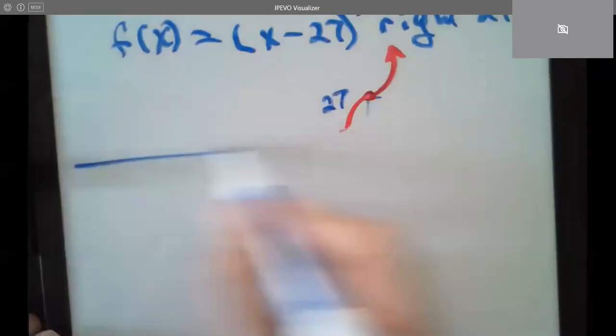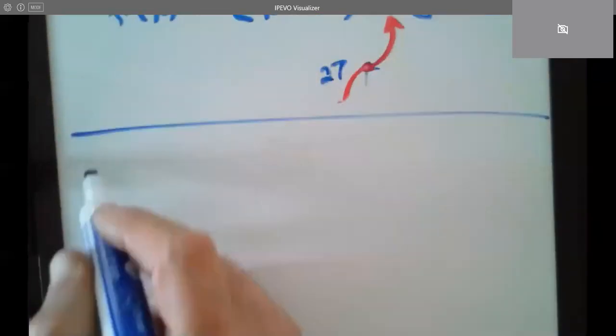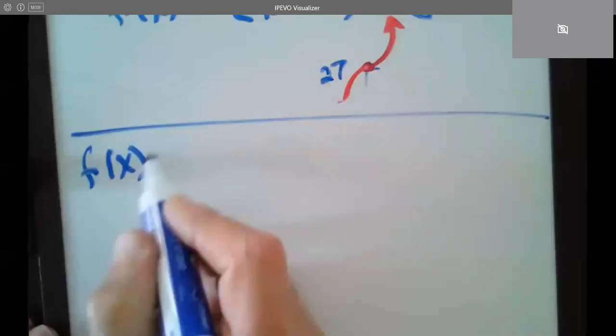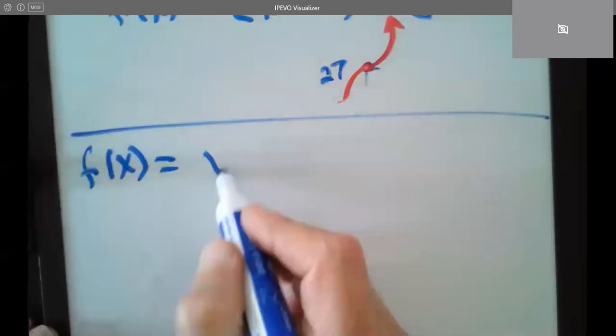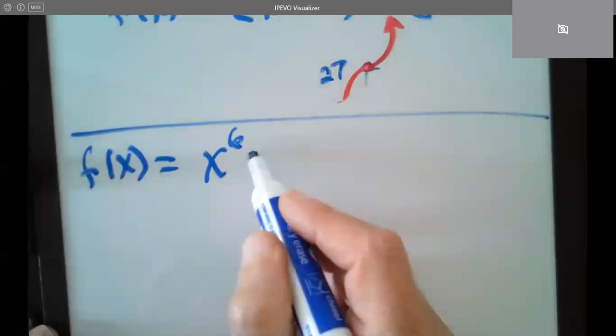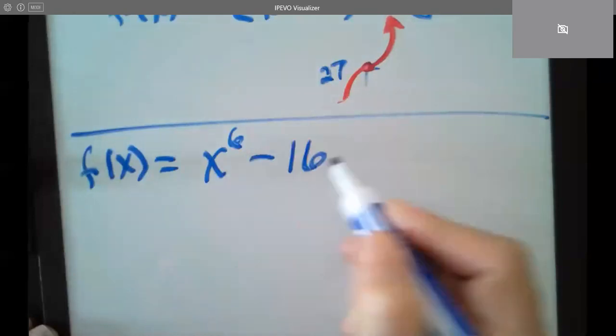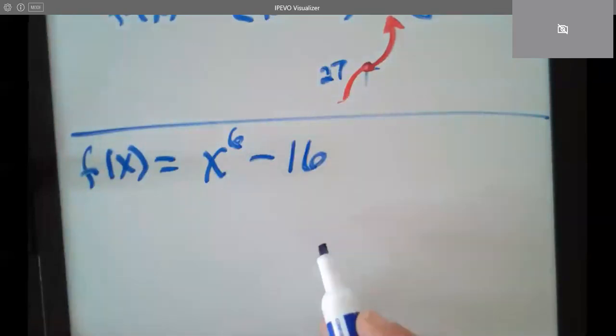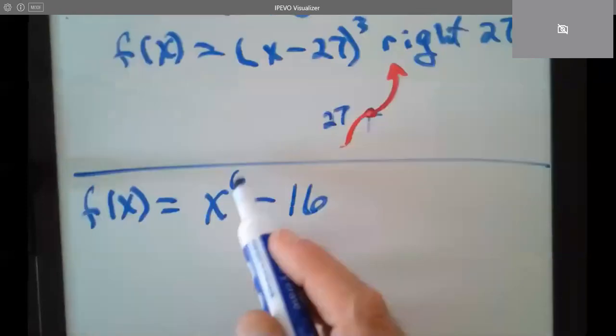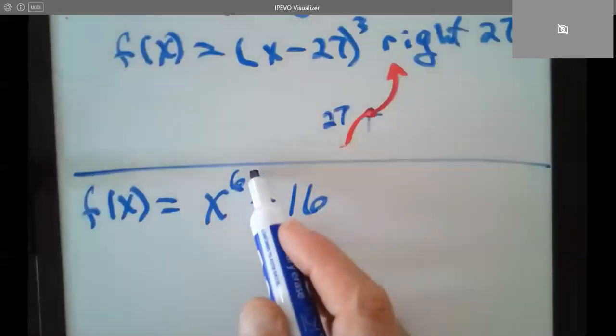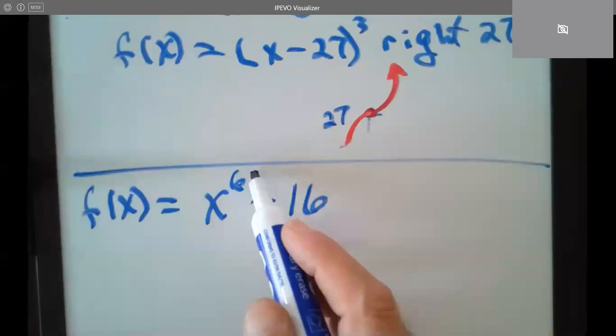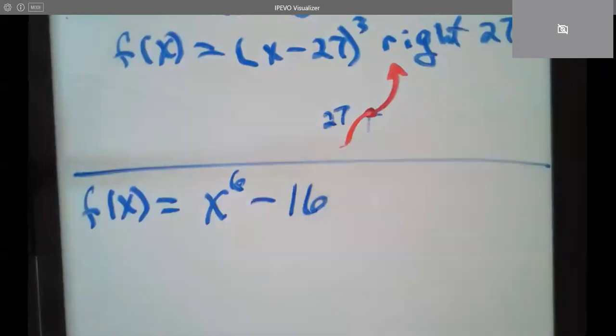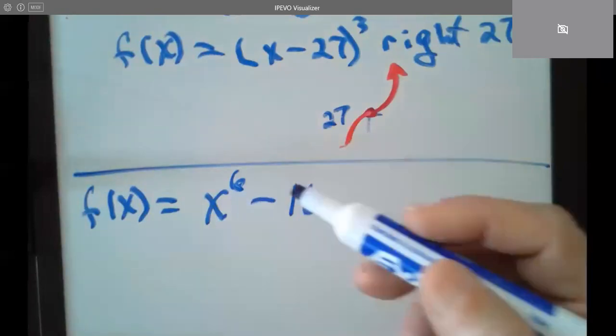Okay, so the next one is f of x equals x to the 6th minus 16. Okay, so the 6, is that going to behave like x squared or x cubed? If it's even, right, it behaves like x.